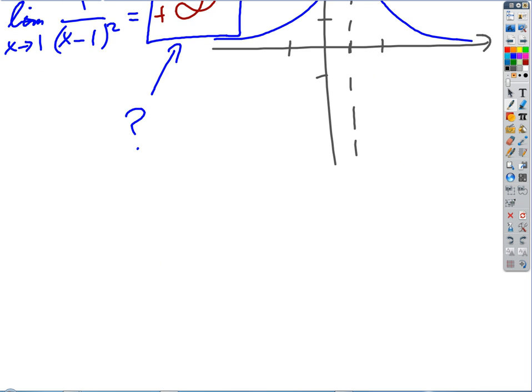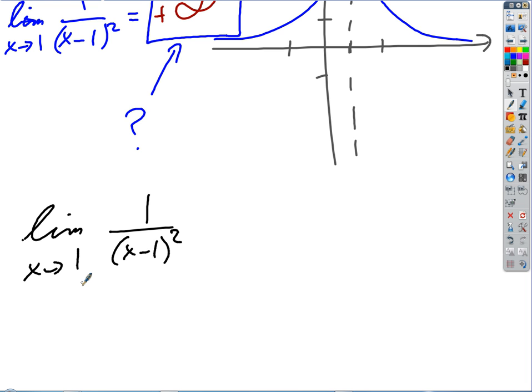let's try that again. Okay, so as x approaches 1, what is the quantity (x minus 1) squared approaching?